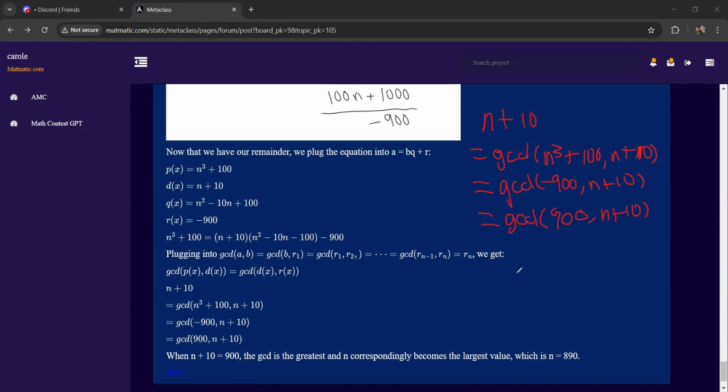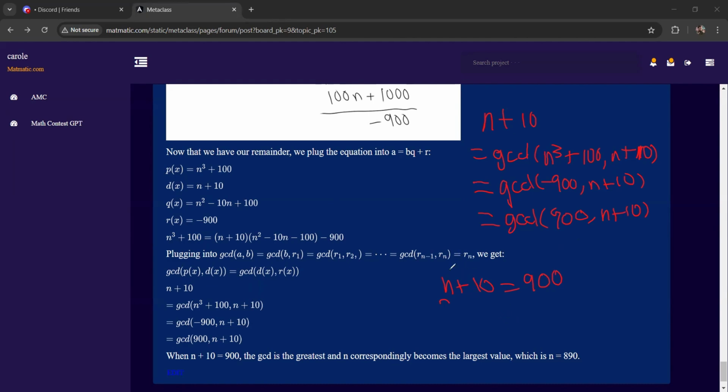So now that we have everything plugged into the formula, we find that when n plus 10 is equal to 900, the GCD is at its greatest value, and correspondingly n becomes the largest value.